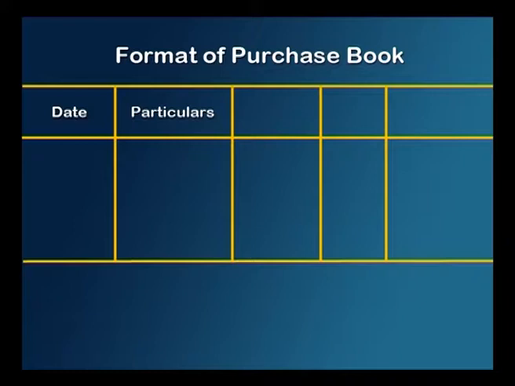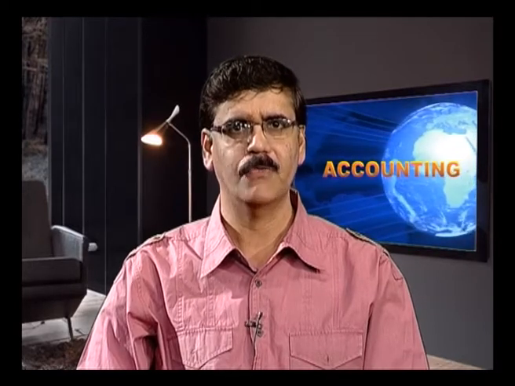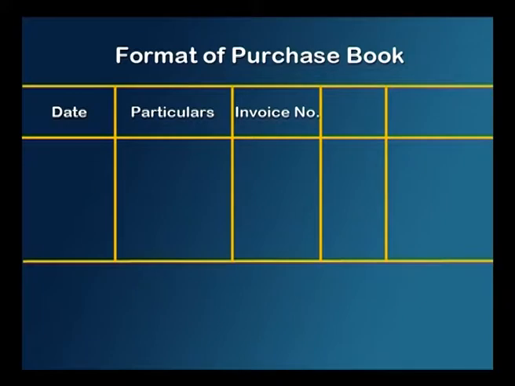Particulars column, the second column, records the details of the transaction including name of the party from whom goods have been purchased for credit, specification of goods like quantity, size, details of list price and trade discount if any, etc.